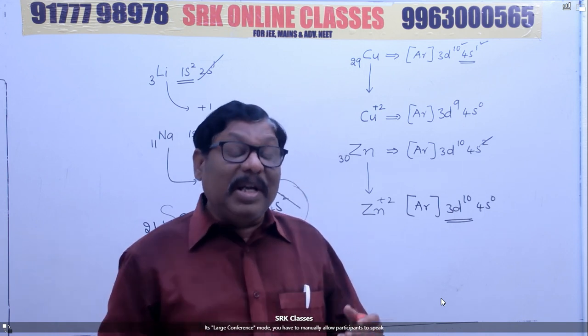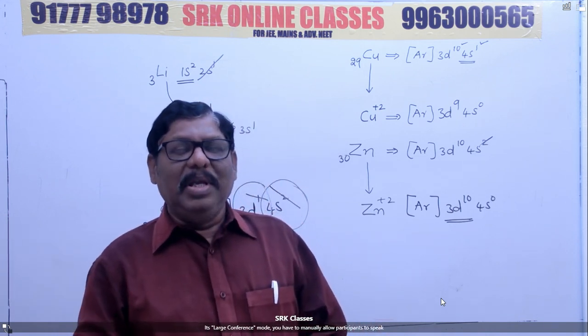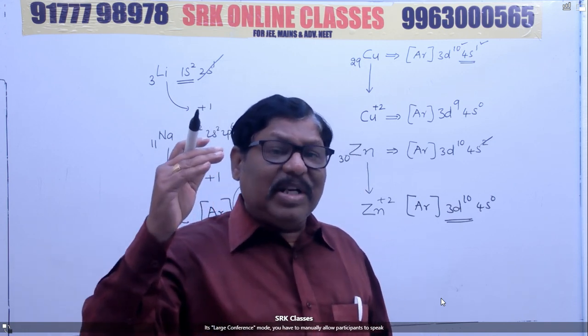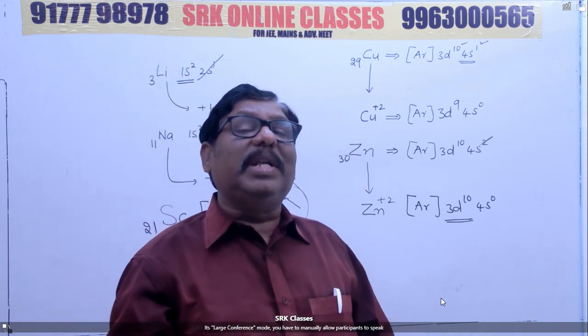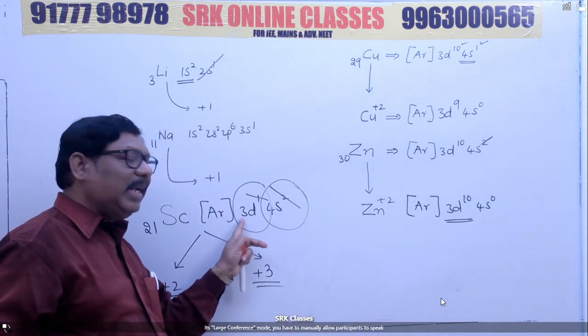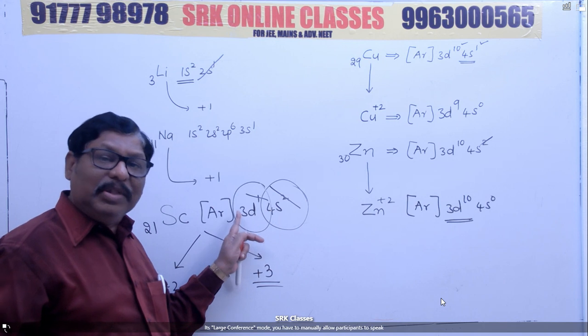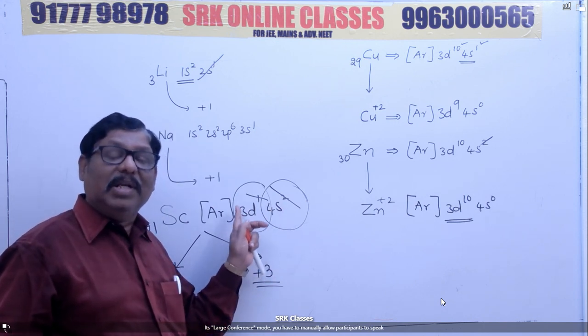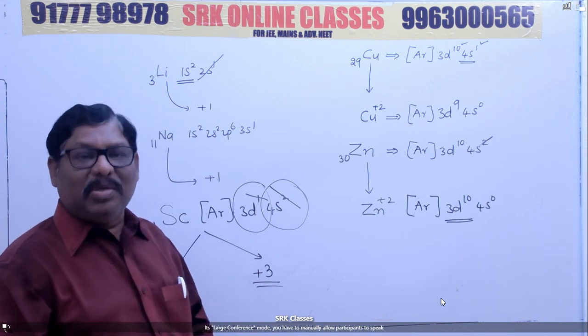The reason for that is, in case of transition elements, the energy difference between the outermost and penultimate shell is negligible. Means the energy difference between 4s and 3d orbitals is negligible. Therefore, both shell electrons are taking part in the chemical reaction. That's why they show variable oxidation state.